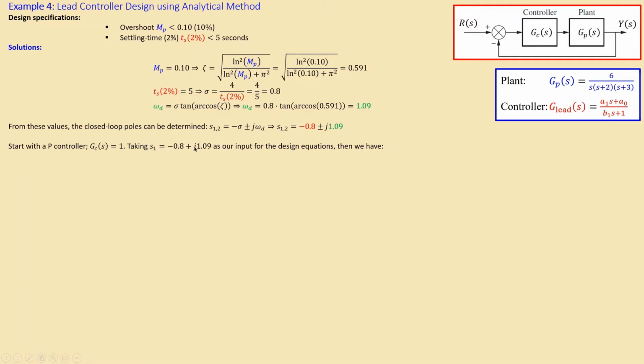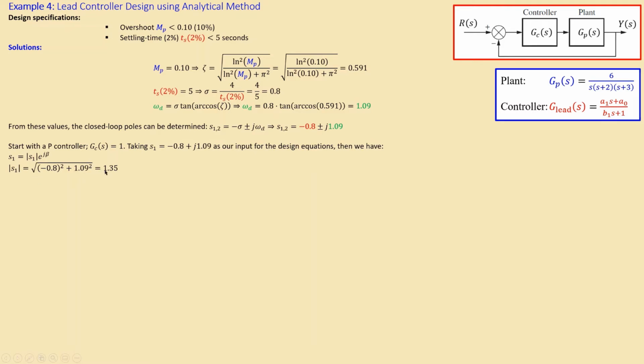Now this is our input for our design equations. So I will use this, and then we have our design equations. Before we jump to that, let's look also at the formulas. S1 is equal to the absolute value times e to the power j beta, so the absolute value and also the angle. The absolute value is given by the real value squared plus the imaginary value squared, and then take the square root of that.